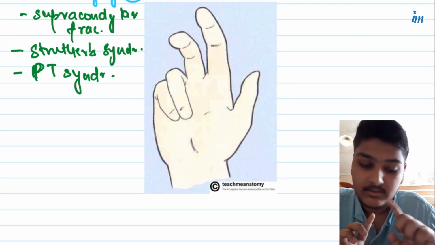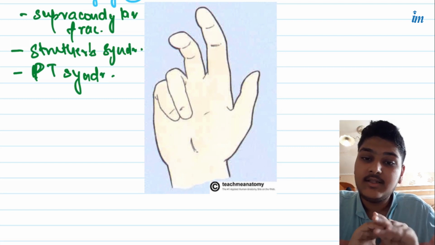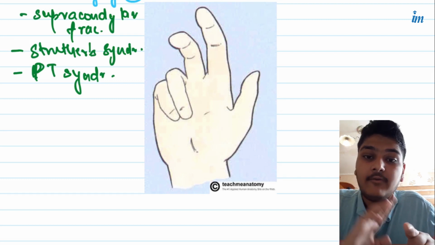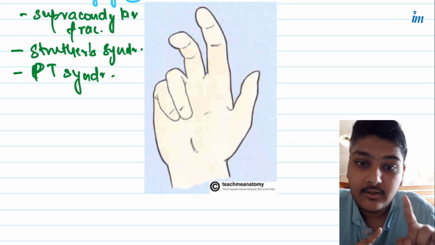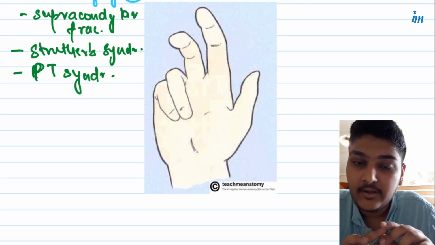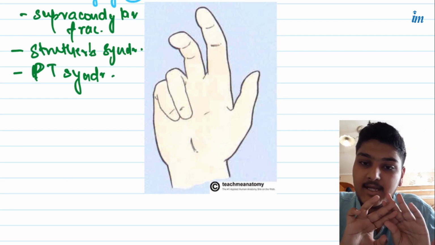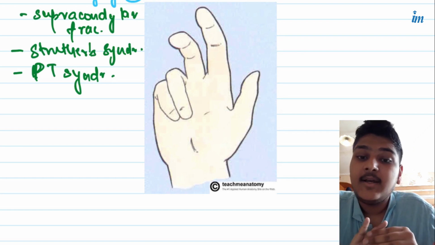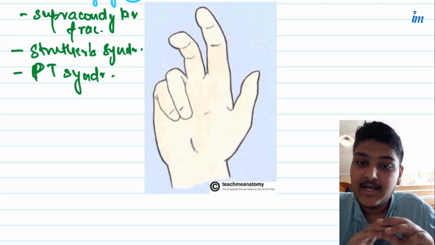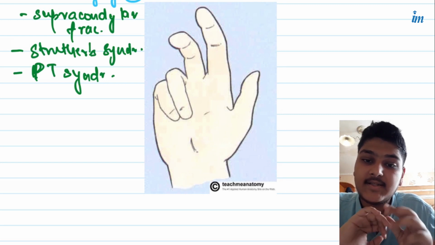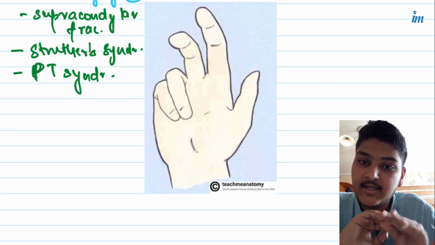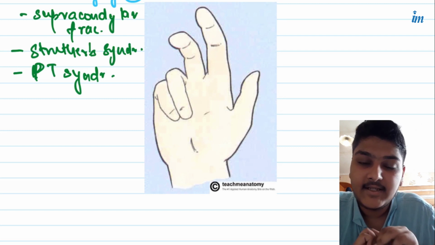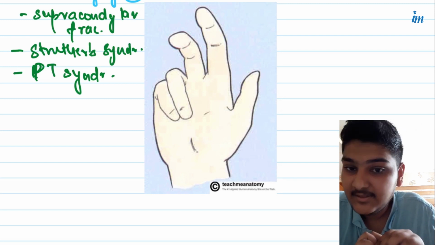Next, flexor digitorum superficialis is gone, so all these digits won't be flexed, but flexor digitorum profundus of the medial side is spared. Flexor digitorum profundus of only the lateral side is gone. Therefore, the patient won't be able to flex the second and third digits. But the patient can slightly flex the fourth and fifth digits with the help of the medial half of flexor digitorum profundus, because it is not supplied by the median nerve.